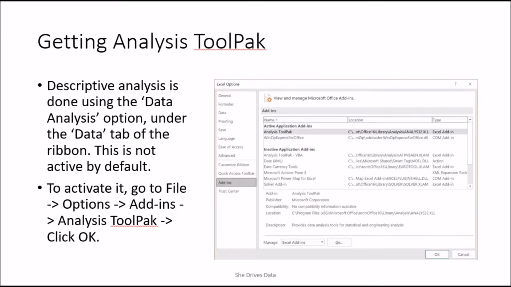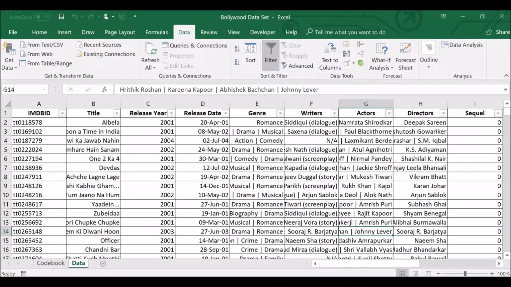We can either use Excel formula or we can use the Analysis ToolPak in Excel. I will just give you a demo of how to install the Analysis ToolPak. Now this is our data file. You need to go to the ribbon, click on the Data tab and go to the Data Analysis option. But this tool is not pre-installed in Excel.